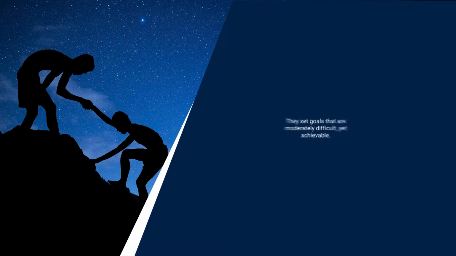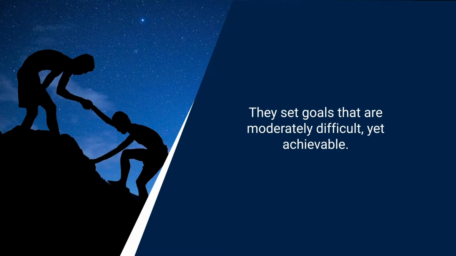The first characteristic is very important: achievers set goals which are moderately difficult and yet achievable. That means achievers are very conscious about the goals that they set. They are not interested in setting nearly impossible goals. They like difficulties, but within a restrained boundary which enables them to achieve these goals in the near future.